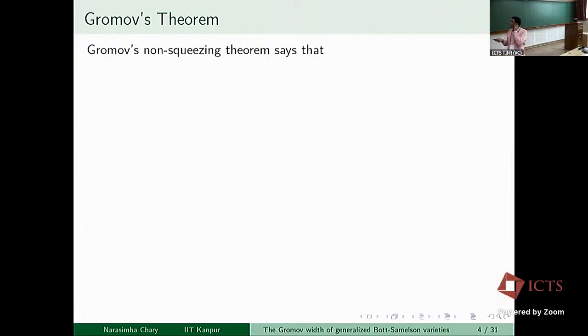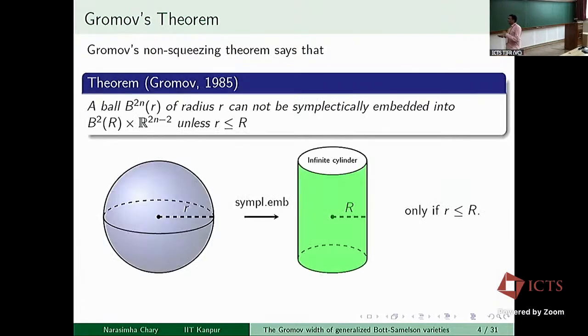This is Gromov's non-squeezing theorem. People also say that this is the mathematical version of the Heisenberg uncertainty principle. It says that if you have a ball of radius r sitting inside R^2n with the standard symplectic form, restricted to the open ball, you cannot embed it into a cylinder.